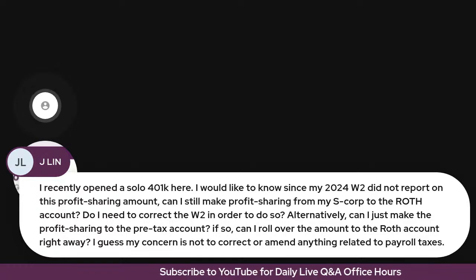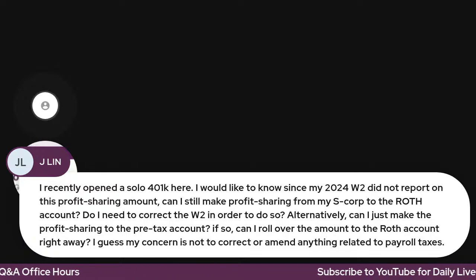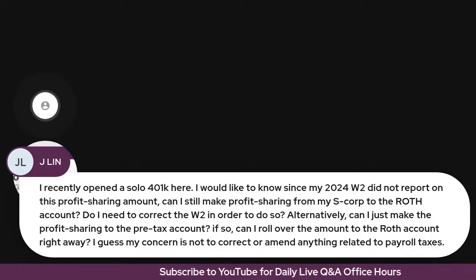So regardless if you make it as an employer Roth solo 401k contribution or as an employer pre-tax contribution, you still report that on the Form 1120S, line 17.